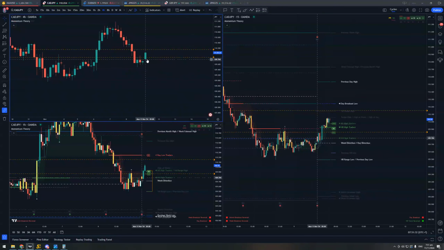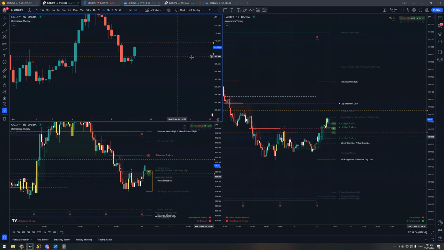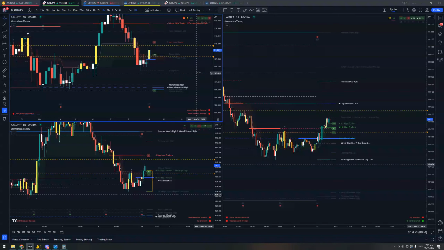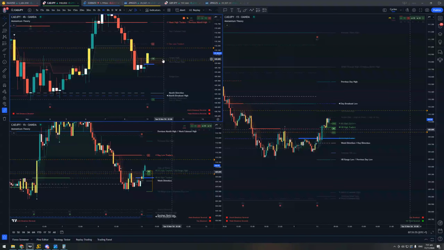Current H4 bar is in breakout. So in the next 1 hour, do I think that this candle will close in breakout? I think so. I don't think there's a big chance that the candle will come below this in the next 1 hour.